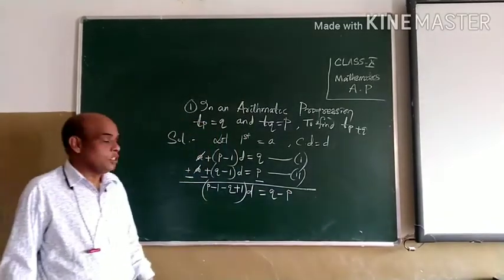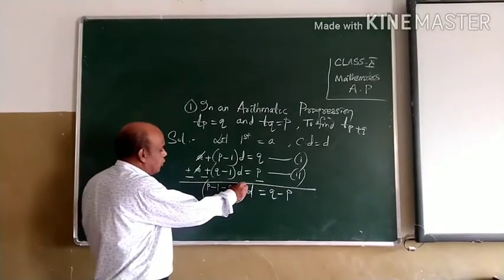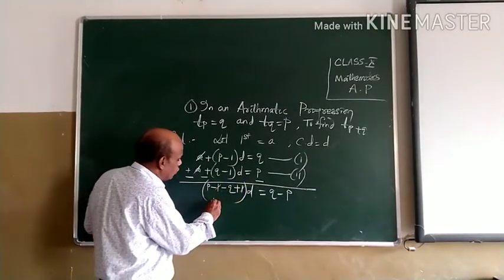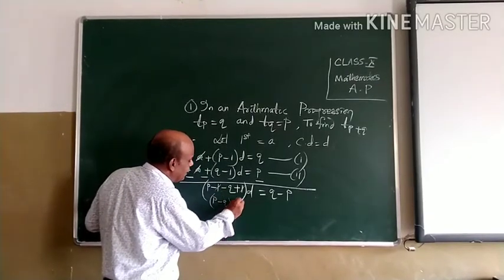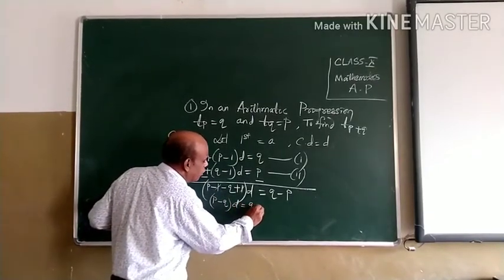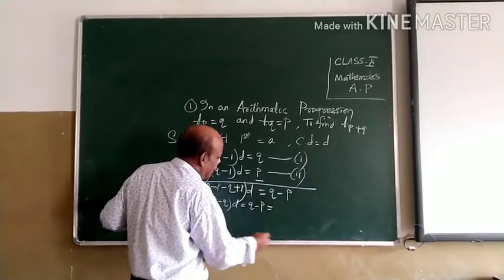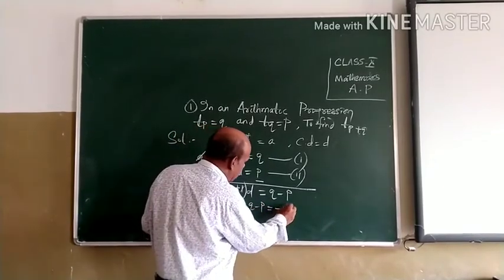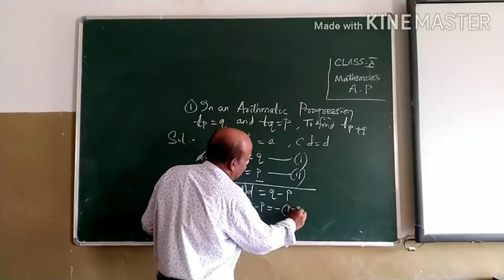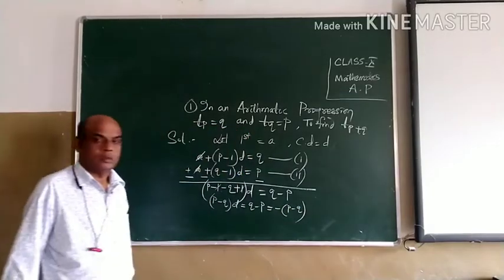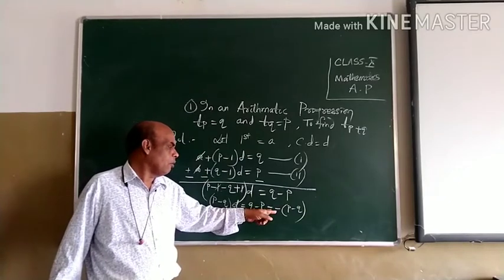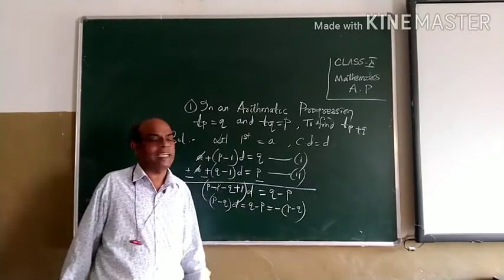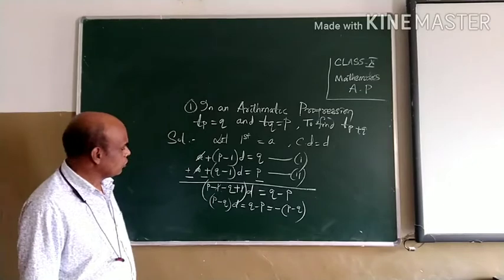Now you observe, plus 1 minus 1 cancelled, so we got (P minus Q) into D, that is equal to Q minus P. Otherwise, if the minus sign is common, you may write P minus Q here, and here it is Q minus P. If the minus sign is common, it will be minus sign whole into (P minus Q).